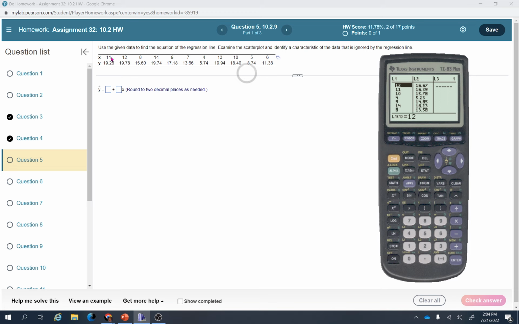So here it's 11, 12, 8, 14, 9, 7, 4, 13. I'm going to type these x values into L1. So 11, then 12, then 8, then 14, then 9, then 7, then 4.